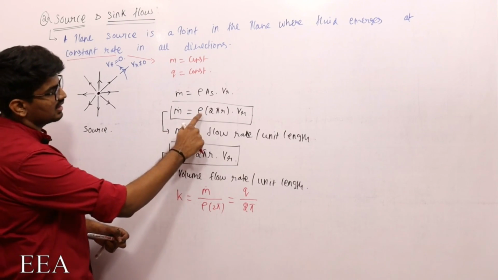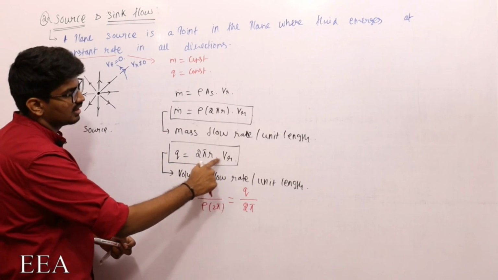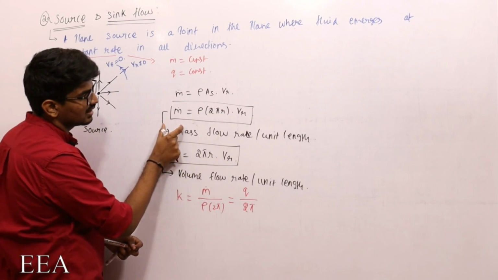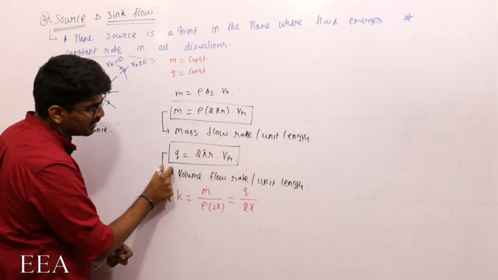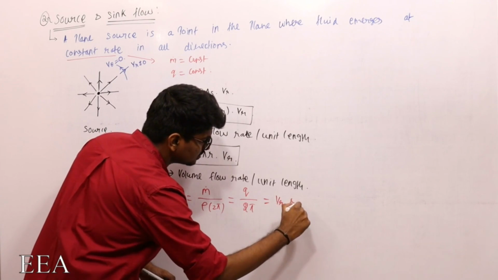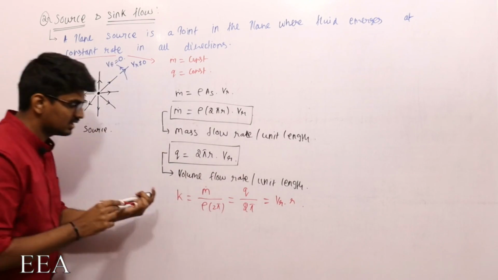Or simply you bring rho into 2 pi to this side, and 2 pi to this side, and what I will be getting is r into Vr. So this is simply Vr into r.